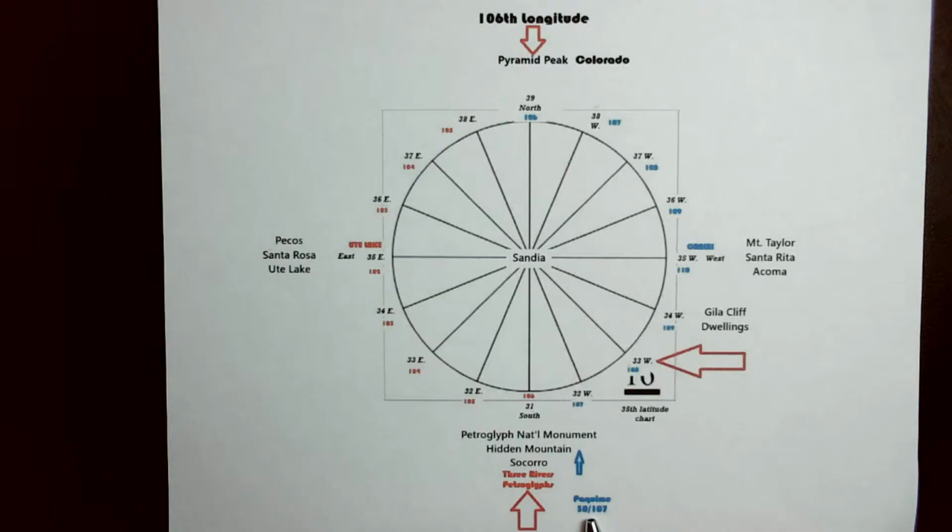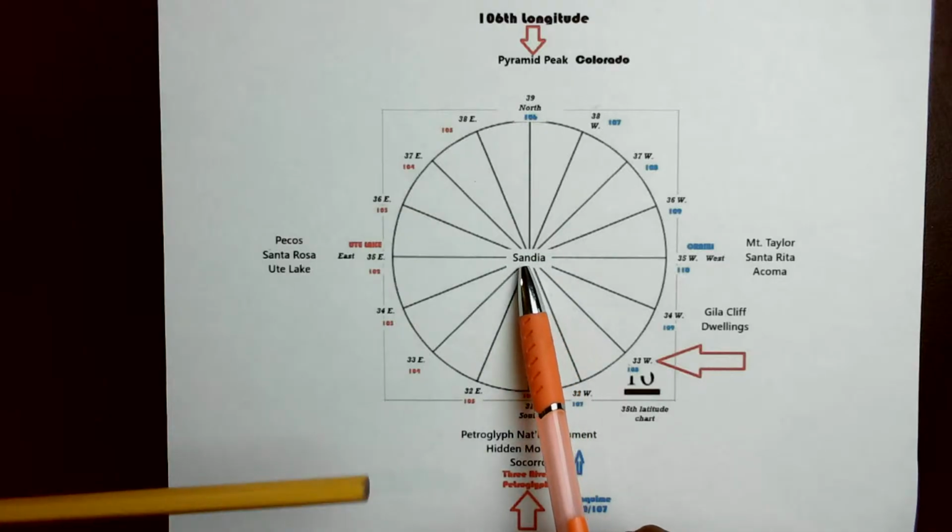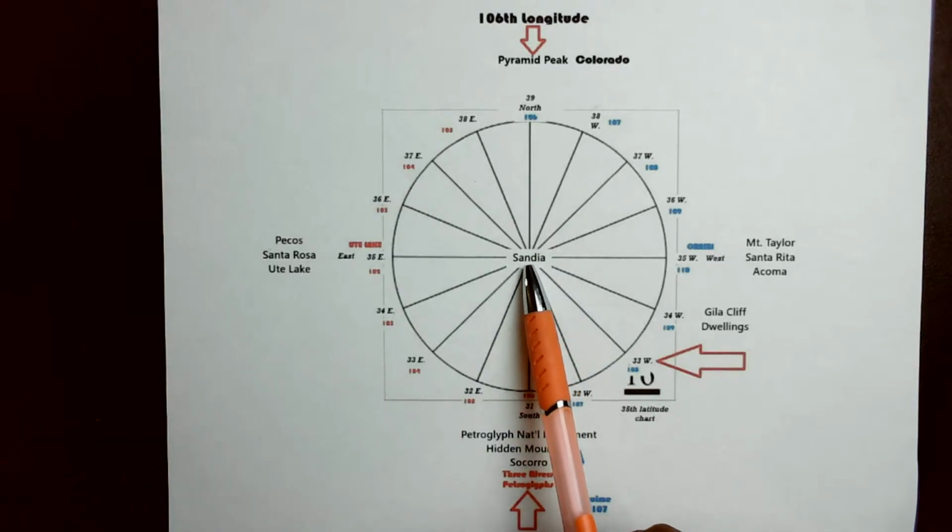So in other words, from the west, from Paquimé, you go diagonally across from 30 to 31, right there at this little location. And then you go to 33. And what is 33? The Three Rivers petroglyphs, and all the petroglyphs that go all the way up to the Sandia. The 33-degree latitude.